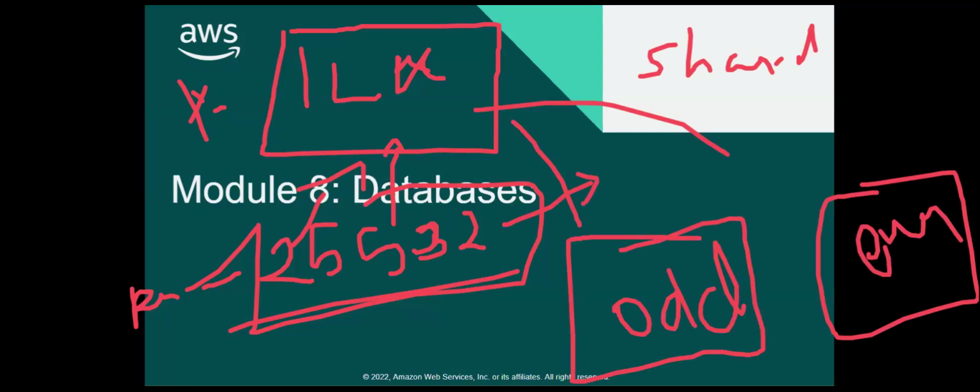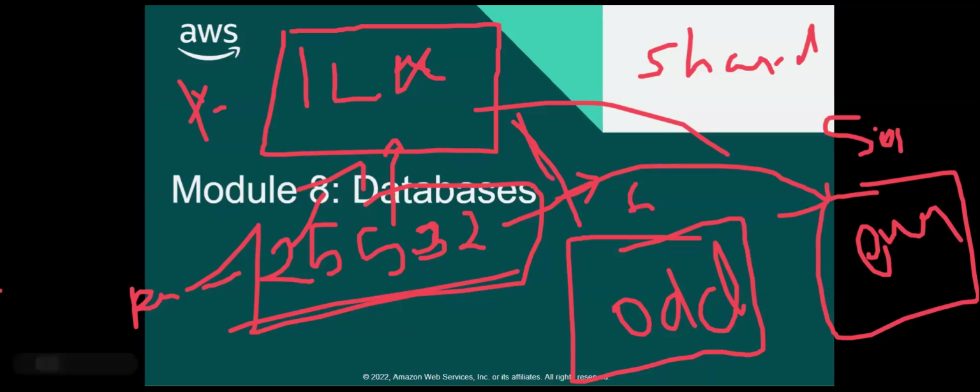Now when I type this number 25532 to search, which table will it go and check? Even, correct. Now the even table will have only 50,000 data, because we split the 1 lakh.